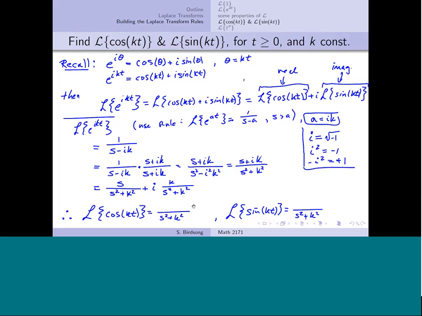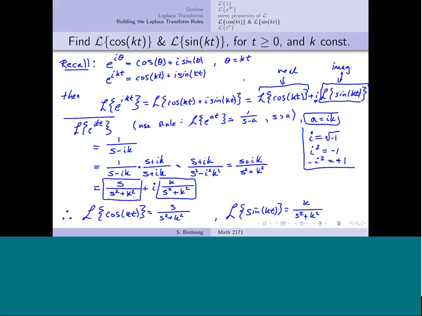So the top of cosine would be s, and that's because this term here has no imaginary part, and we said cosine was supposed to be the term that had no imaginary part. So what does that mean about sine? What should be on the top of the fraction for sine? It'll be just the k, because notice here, your sine is being multiplied by your imaginary number, so this right here would be your Laplace transform of sine.